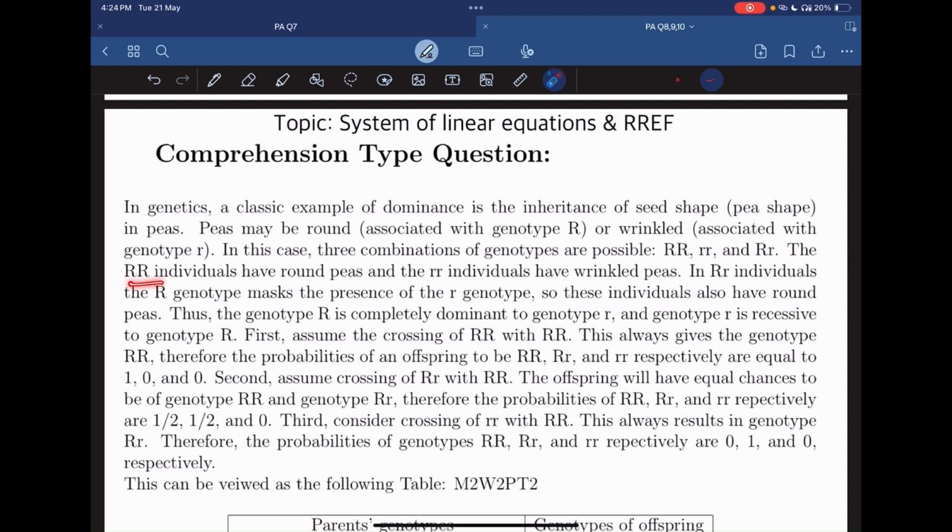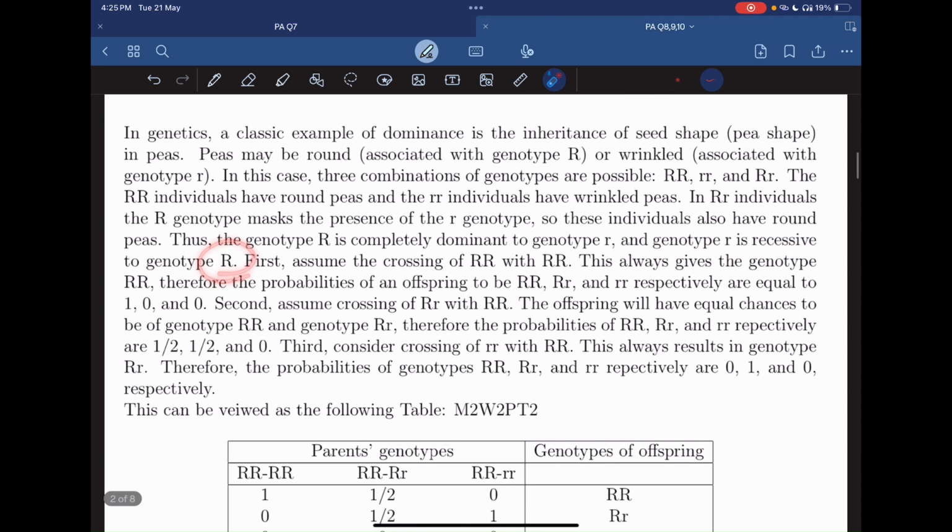The double capital R individuals have round peas, and the double small r individuals have wrinkled peas. In the capital R small r individuals, the capital R genotype masks the presence of the small r genotype, so these individuals also have round peas. Thus, the genotype capital R is completely dominant to the genotype small r, and the genotype small r is recessive to the genotype capital R.